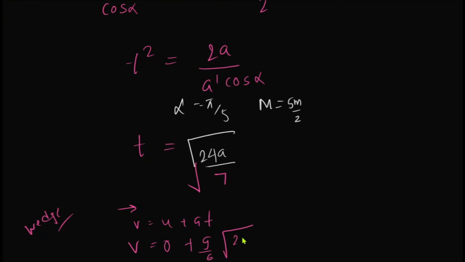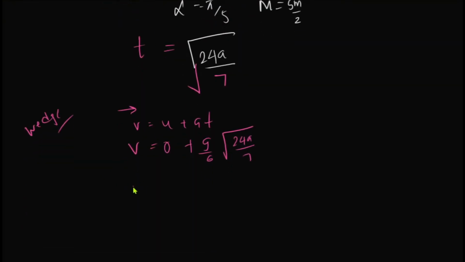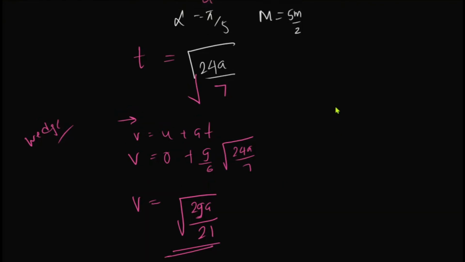What is the time? 24a over 7. If you simplify this, you are going to get the final velocity of the wedge to be 2ga over 21.